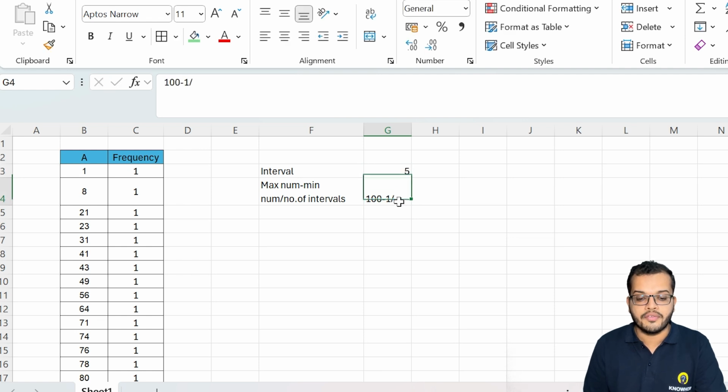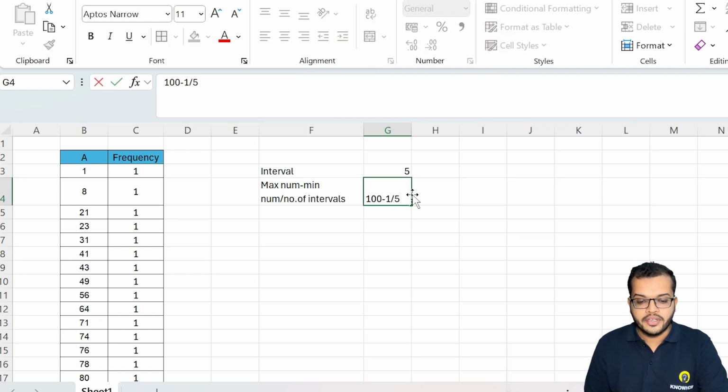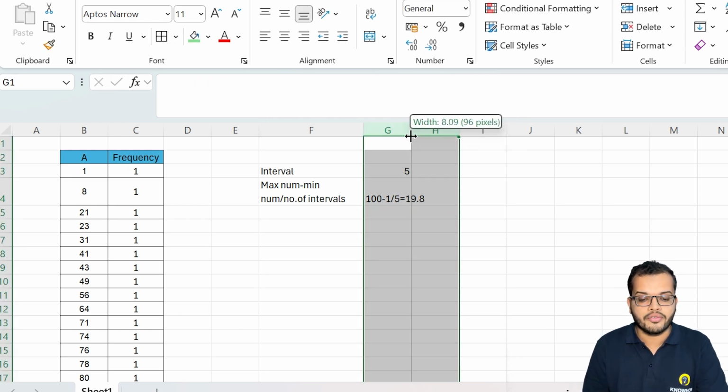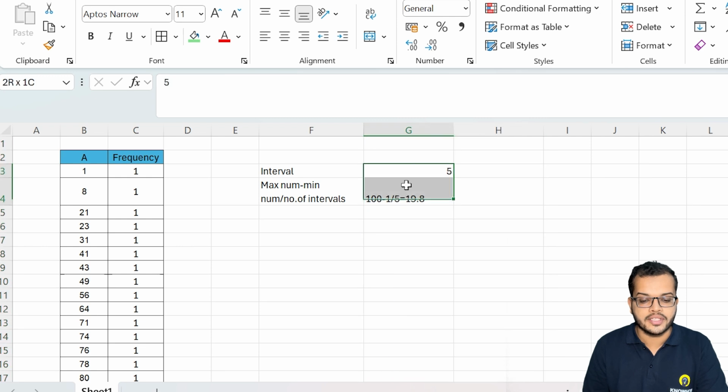If we see the output for this, it will be 19.8. So 19.8 is the output for the formula that I have considered.